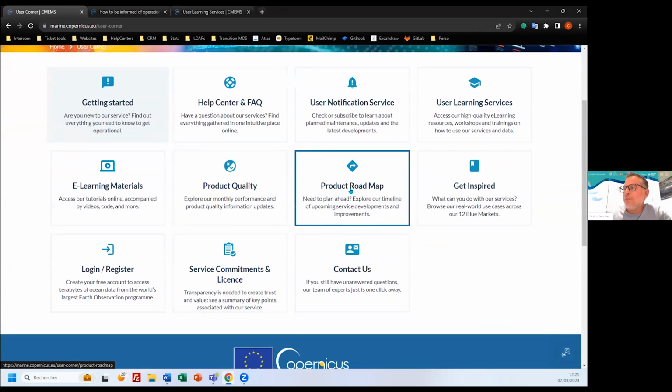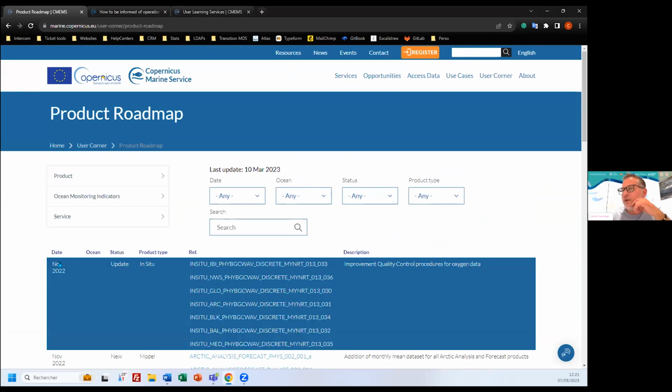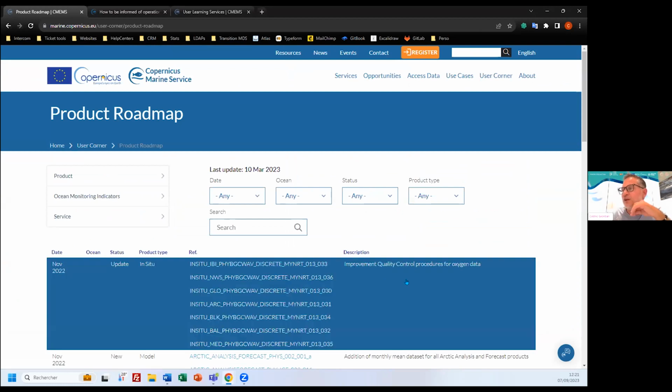The product roadmap. So here you will find midterm planned improvements. So to have short-term improvements, you have the specific section of the user notification service called improvements. And in this one, so this one is being improved as well. And you will find here midterm information on the products and the service.